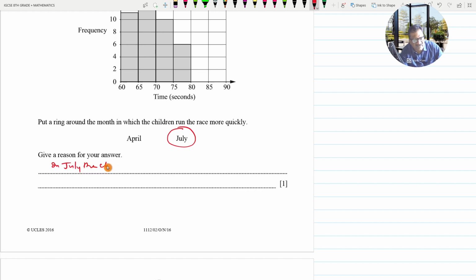the children completed the race in 80 seconds, while in August, sorry, while in April, they took longer time, that is 90 seconds.